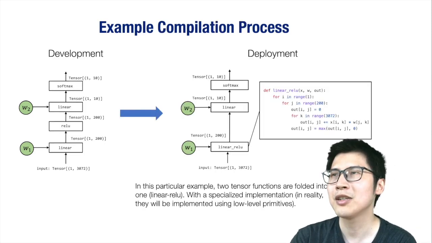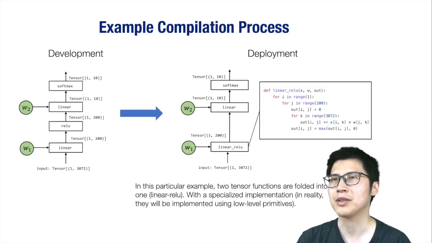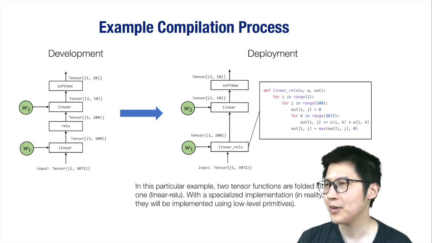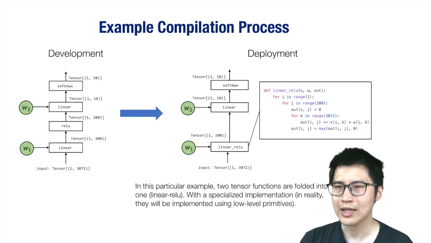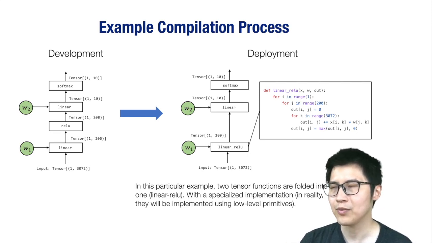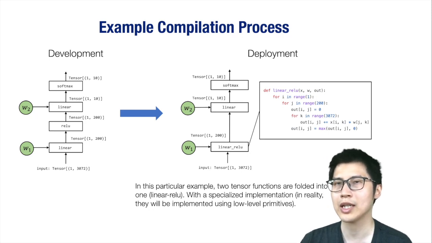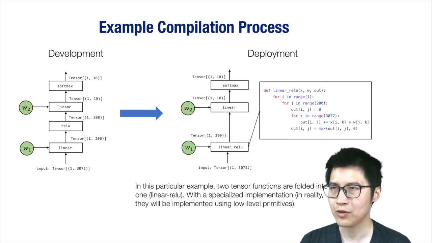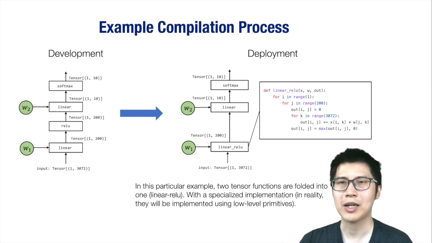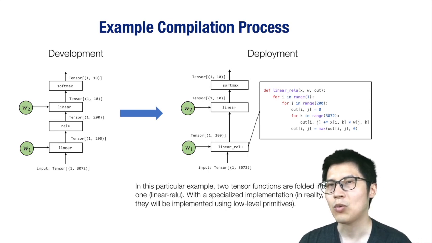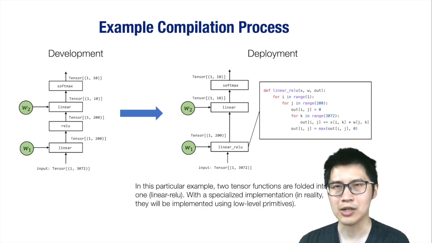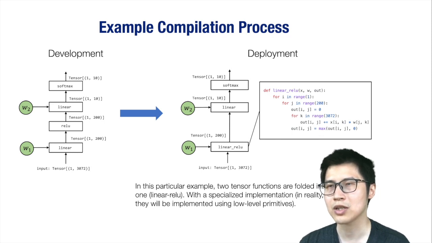Now let's take a look at one example compilation process in the specific terminology of tensors and tensor functions. On the left-hand side, we have the machine learning model in its development form, which is a multi-layer perceptron that takes in the input flattened image, applies one layer of linear transformation and nonlinearity, and another layer of linear transformation.